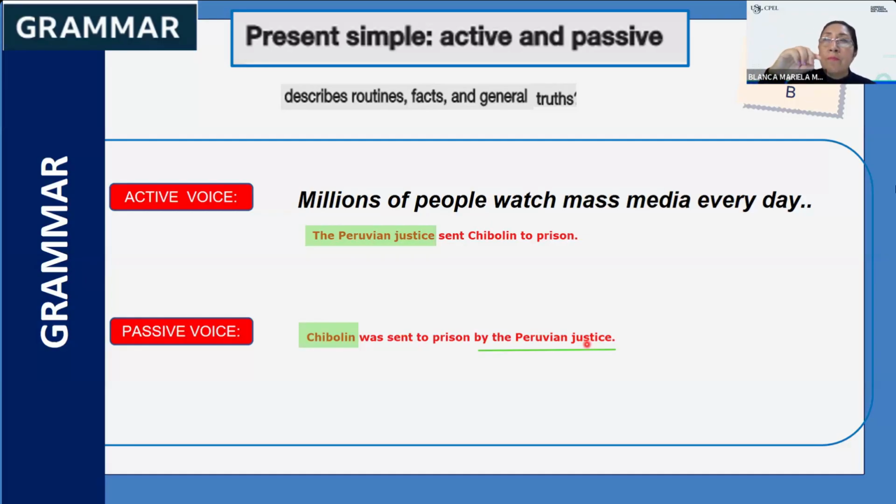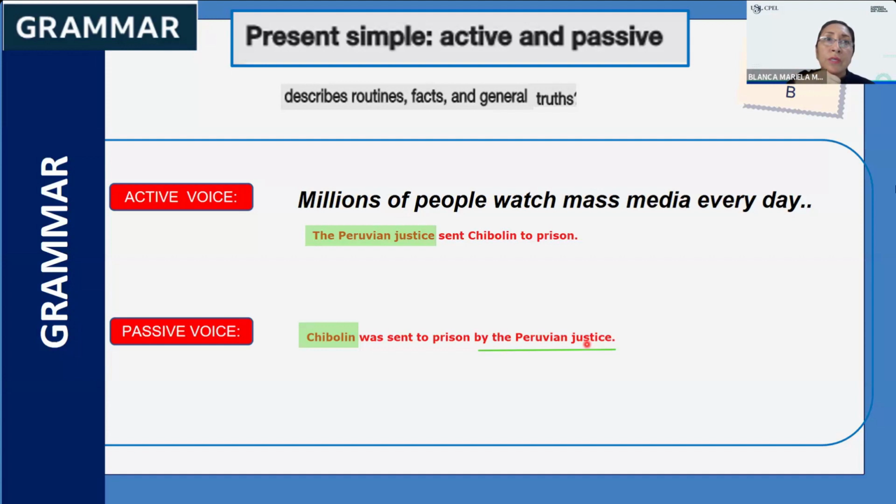In another place where you can find passive voices, for example, when you listen to the news, when you read the news, but also when you read papers, cuando leen artículos de investigación, you can also find passive voice. Why?